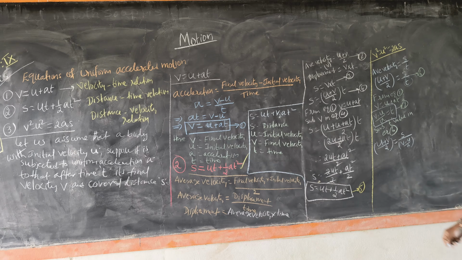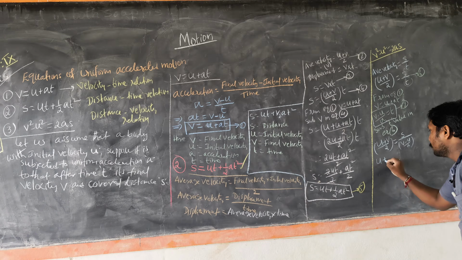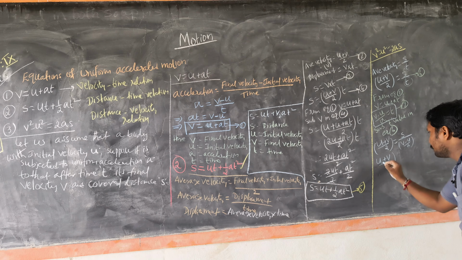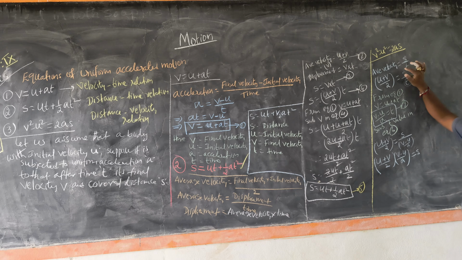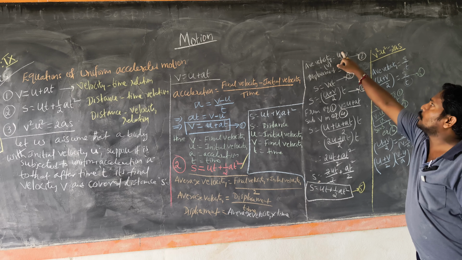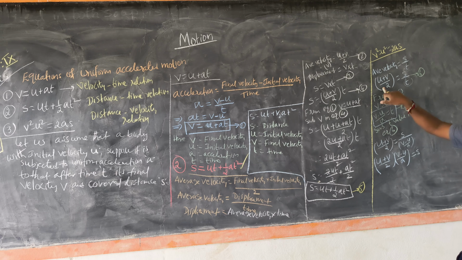Simplification: we must know average velocity is equal to displacement by time, and average velocity is equal to u plus v by 2, that is equal to s by t.